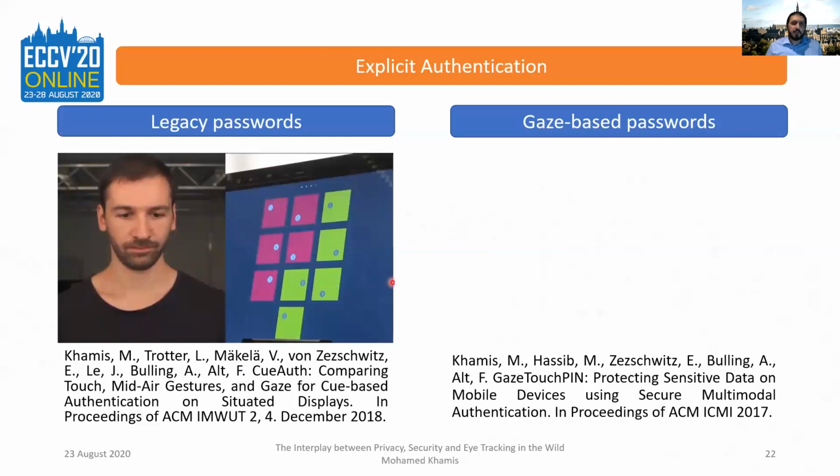The advantage of this concept, and of any gaze-based authentication system that uses legacy passwords, is that it's very easy to integrate into existing backends. For example, let's say you have an ATM and you want to allow people to enter their pins using eye gaze, which would be a very good idea nowadays with the COVID-19 situation, because you don't want to touch a screen that has been touched by dozens of people before you.